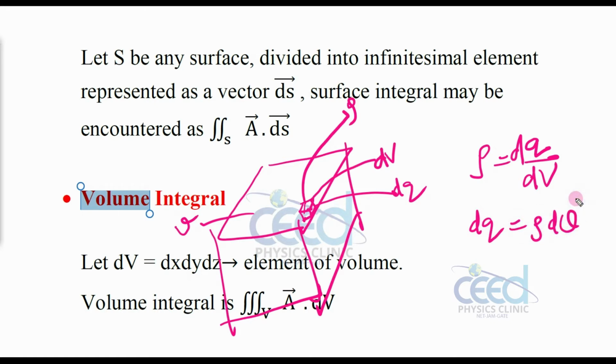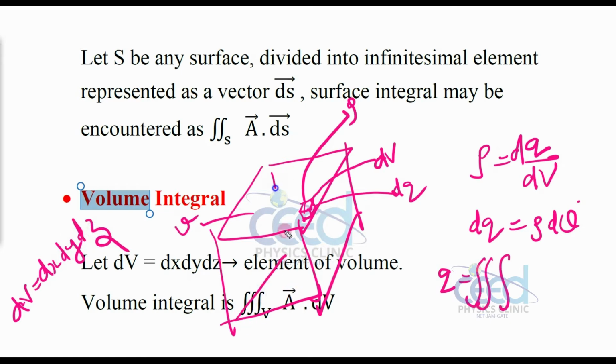To find this q, you have to integrate, that is a triple integral, because dV is a function of dx dy dz. Because we considered a cube, it is described by three variables x, y and z. So q is the triple integral of rho dV. This is the application of the volume integral.